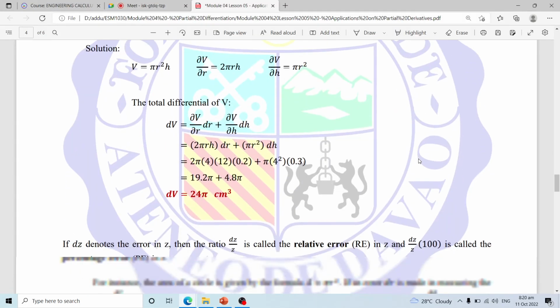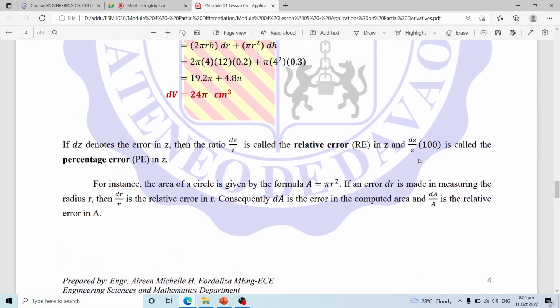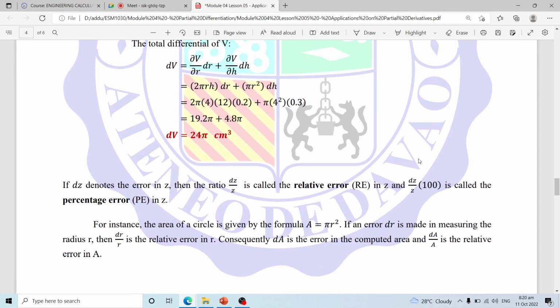Any next example? Okay. So here, relative error and percentage error are back. Okay. So it's the same formula, right?